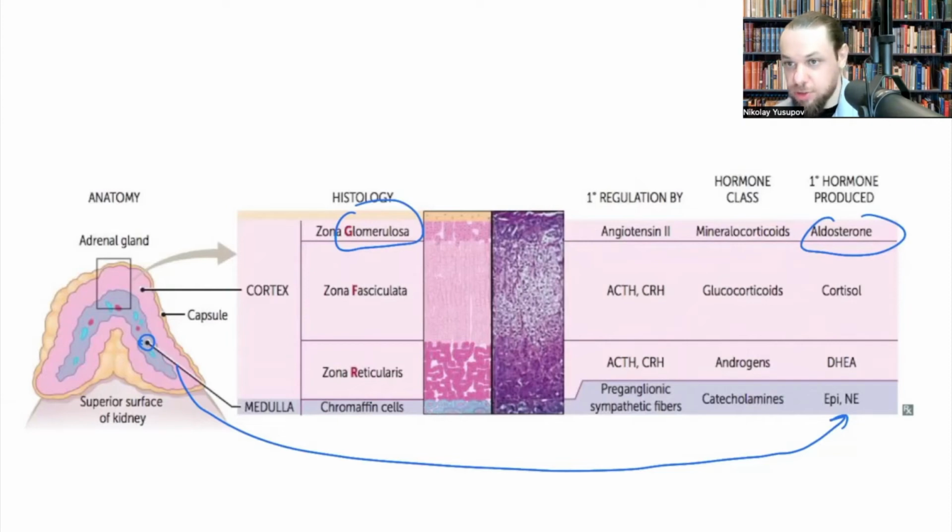But the cortex is on the surface, and the medulla is towards the inside, as we see here. On the surface we see these 3 zones, the cortex. So glomerulosa makes aldosterone, fasciculata makes cortisol, and reticularis makes DHEA, which is androgens. Further, you can convert it to basically testosterone or estrogen down the line.